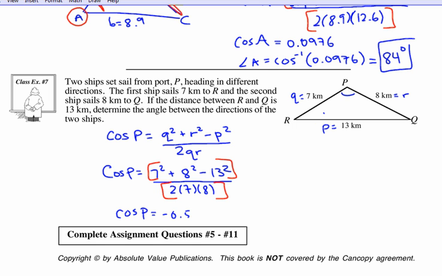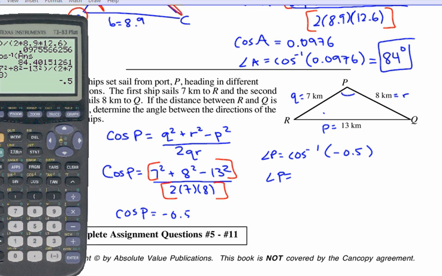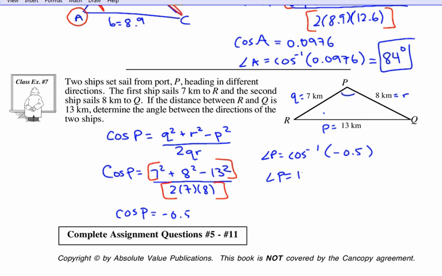And so we want our angle p. What do we use? We use inverse of our ratio. We're getting a negative when it's greater than 90 degrees, so don't let that alarm you. So second cos of negative a half gives you 120 degrees. So last, we should probably write a statement.